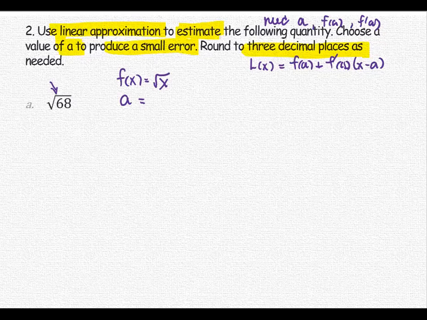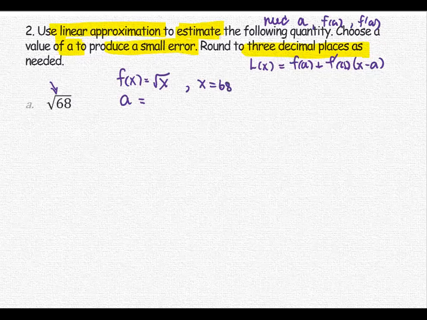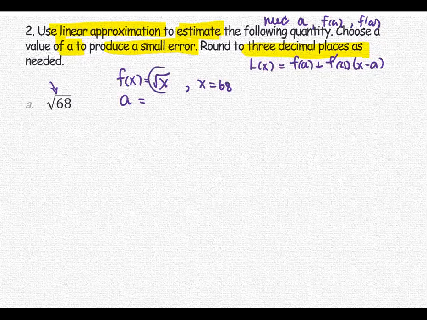And then if you use the square root x, you're going to approximate the square root of 68. That tells you the x is going to be 68, right? Based on the function form that you use, square root, the inside is x, so x is 68. That's going to suggest what would be the convenient A that is close to 68.